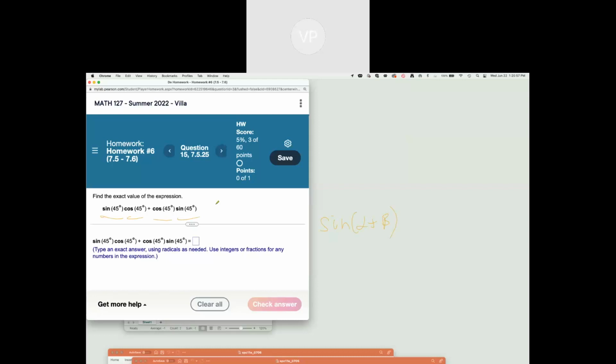Sine of alpha, cosine alpha, plus cosine alpha, sine alpha. It's the same thing. So I can say it's the same thing as me taking the sine of 45 degrees plus 45 degrees, which is the sine of 90 degrees, which is a 1.